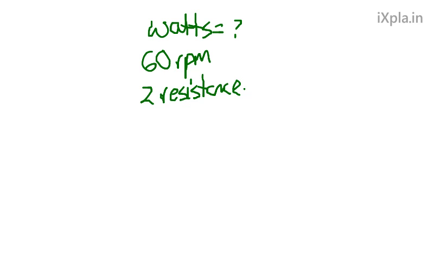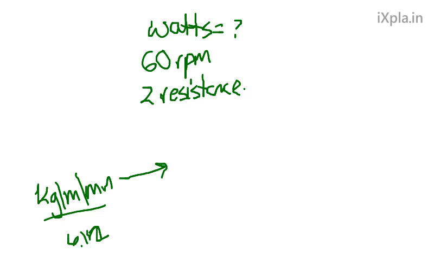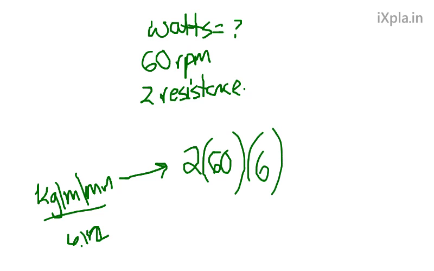Watts is equivalent to kilogram-meters per minute divided by 6.12. Well, that's good and all, but you don't know what kilogram-meters per minute is. There's another formula you have to memorize for that. Kilogram-meters per minute is equivalent to the resistance, which in this case is 2, times the RPM, which is 60, times 6. 6 is a constant, so just memorize this formula.